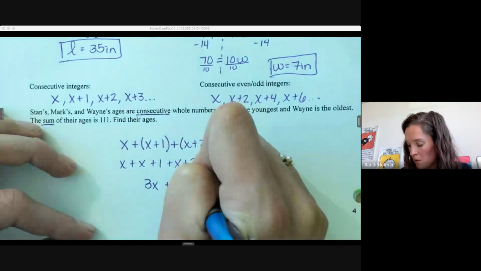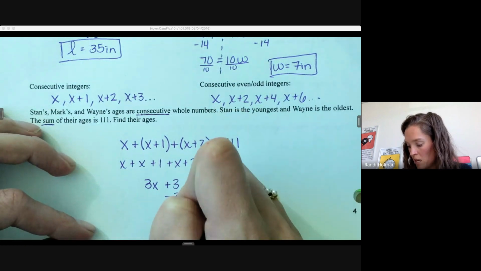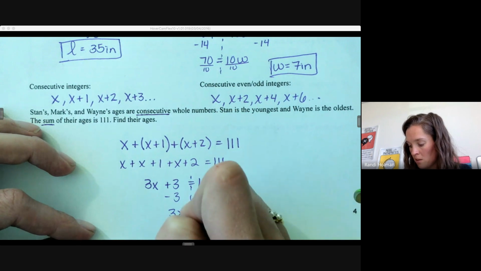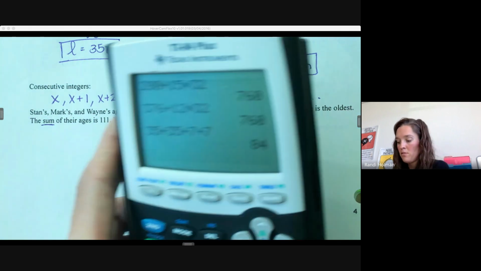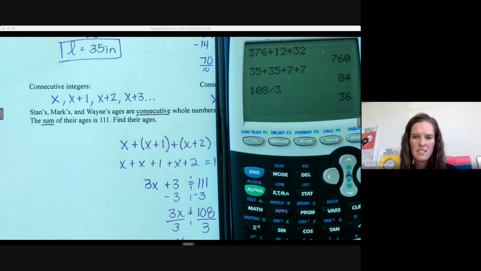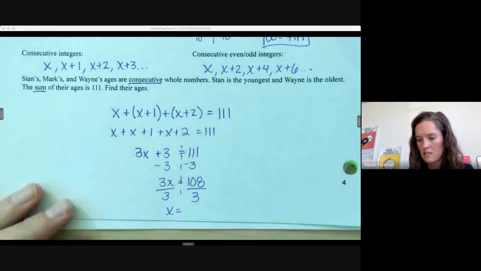So now we're looking at both sides of the equation. We're using our properties of equality. 3x equals 108. Divide by 3, divide by 3. We get x is 108 divided by 3, which is 36. Okay, so we end up with x is 36.